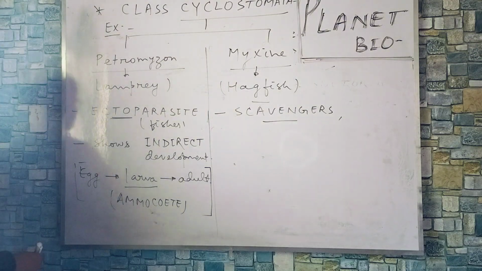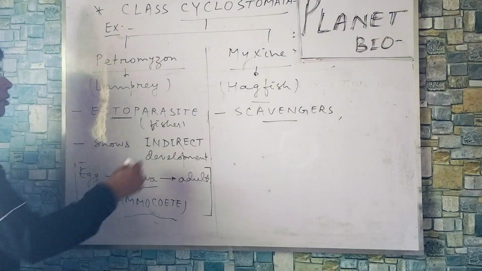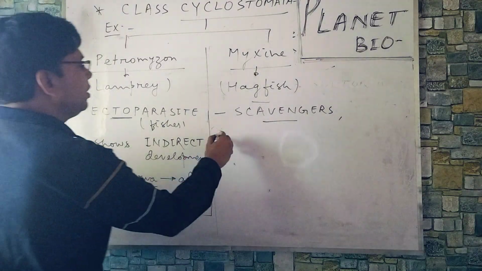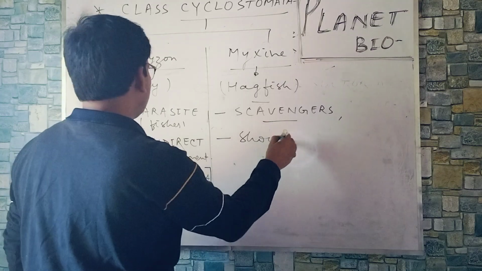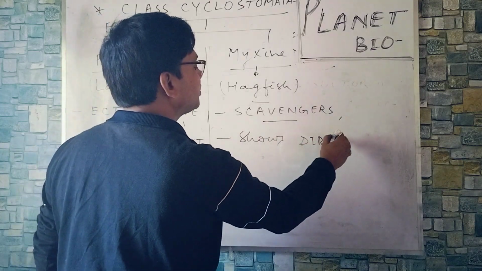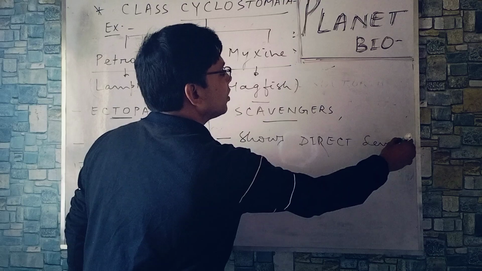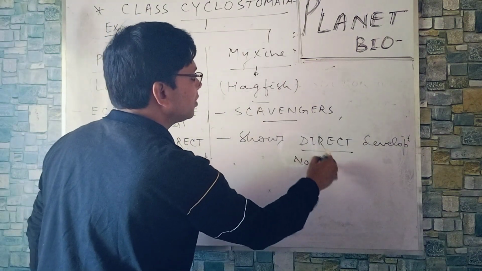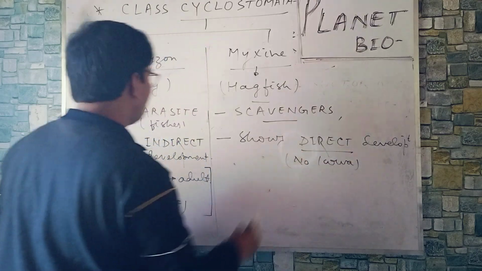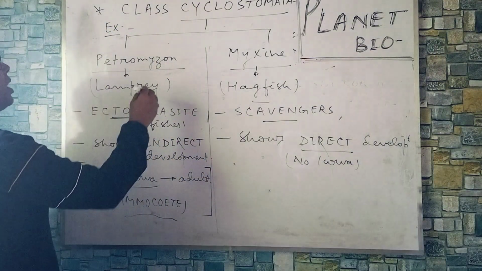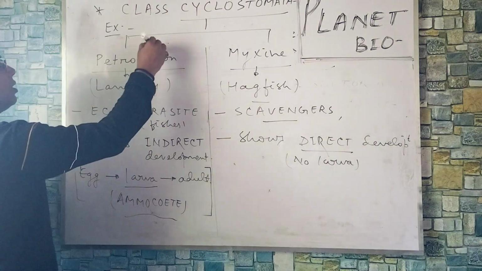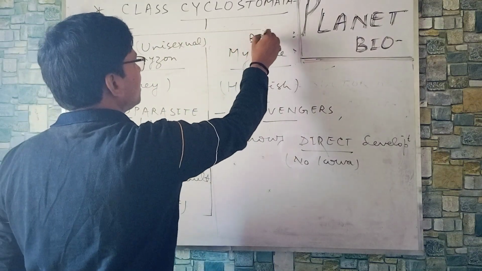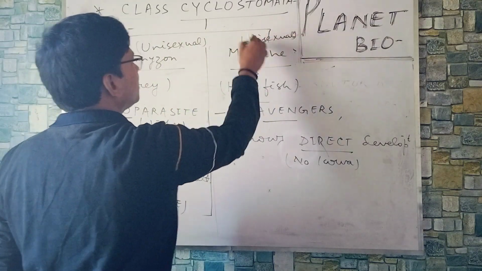The name of the larva is ammocoete larva. So the development is indirect because it has a larva. Myxine shows direct development, no larva. One major difference is that petromyzon is unisexual and myxine is bisexual.